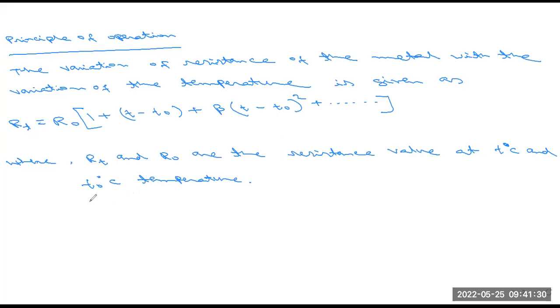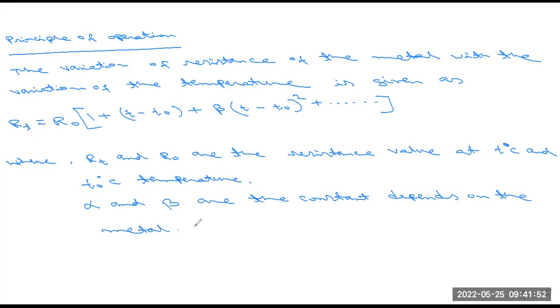Okay, and here alpha and beta, whatever you use, are the constants that depend on the material. So when you use a different material, the constant values also change according to the material.